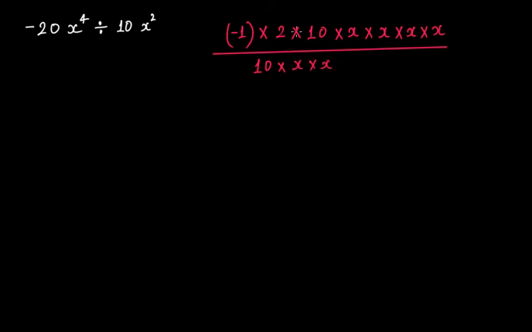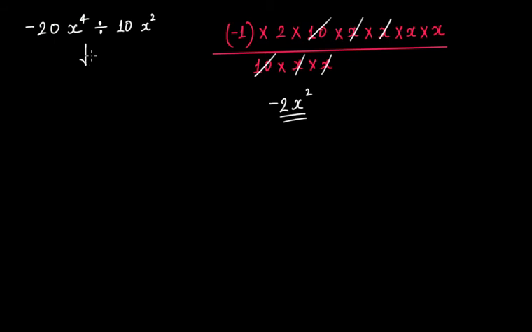So the common 10 gets cancelled, this x gets cancelled, this x gets cancelled. Now you have minus 1 multiplied by 2, that is minus 2, x multiplied by x, that is x squared. So this is the answer.